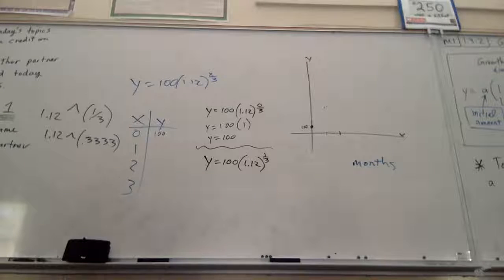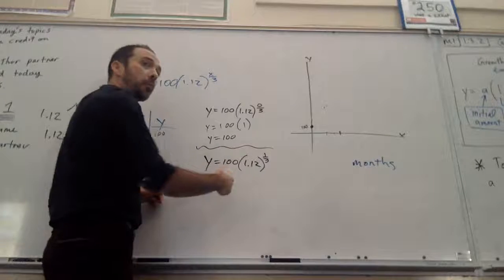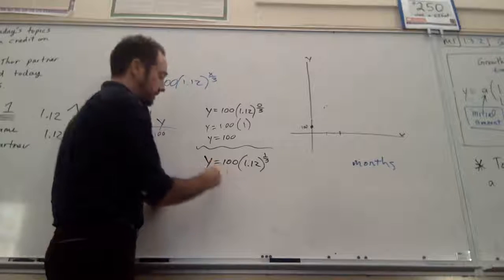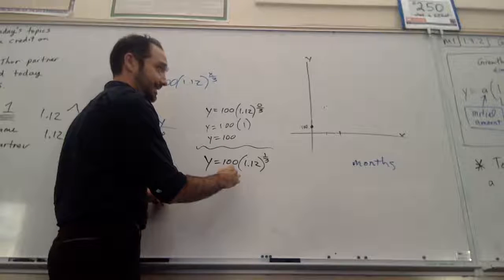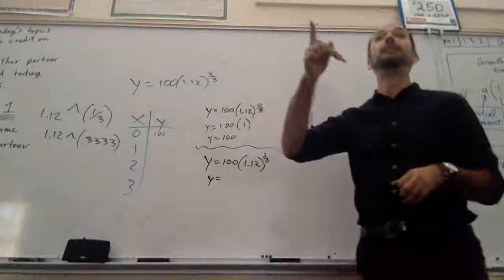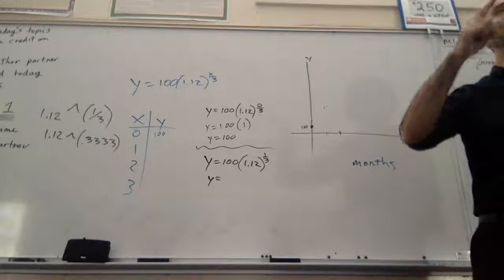Let's bring it back. Who got an answer for this part, like 1.038 or something like that? Times 100 is? Wait, you can't have 1.8. Say one more time. Can't have. Good.